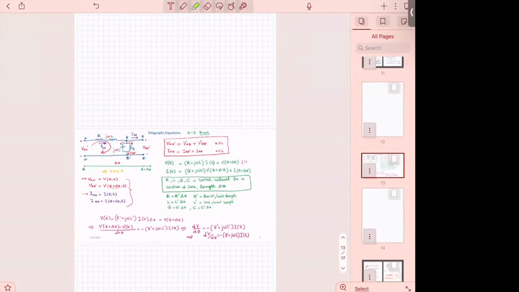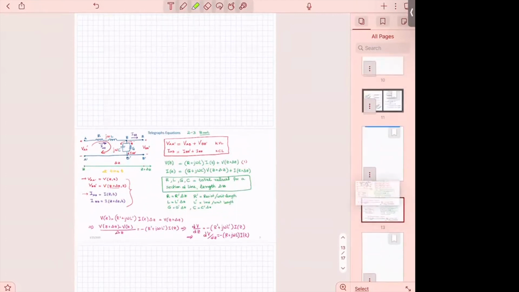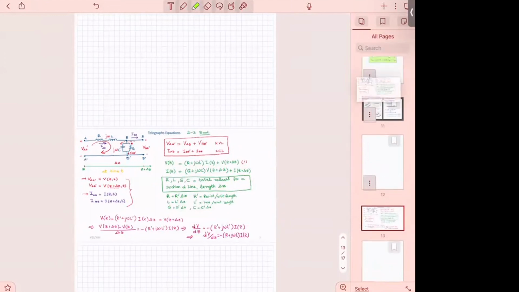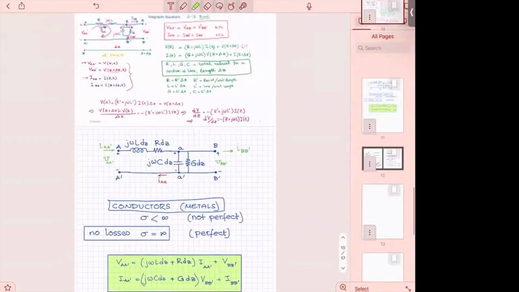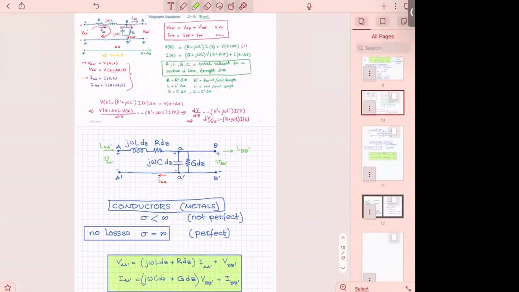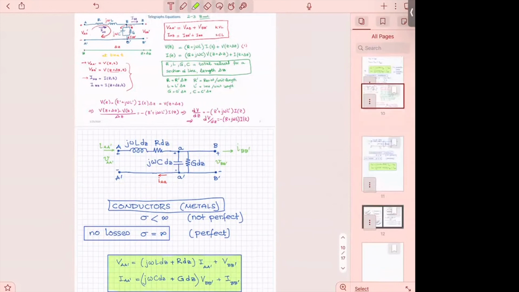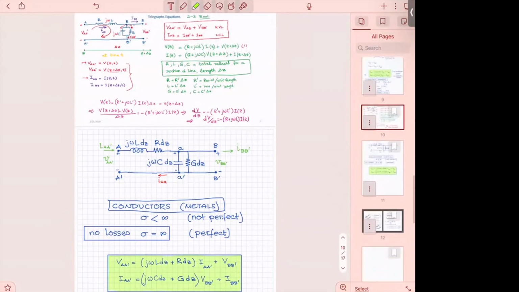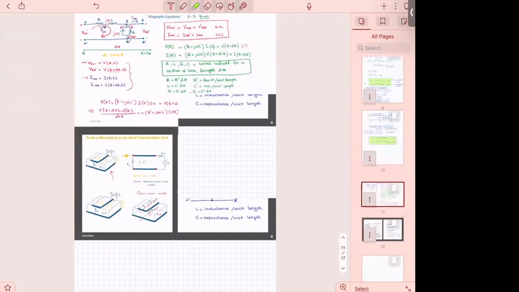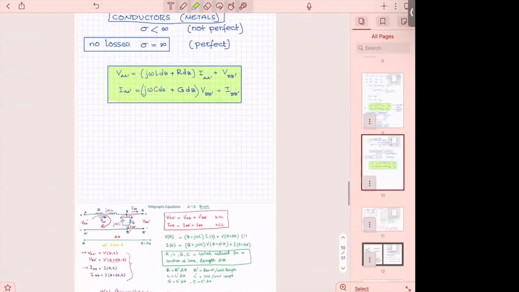And the next thing that we have to do in these equations is to take these equations.